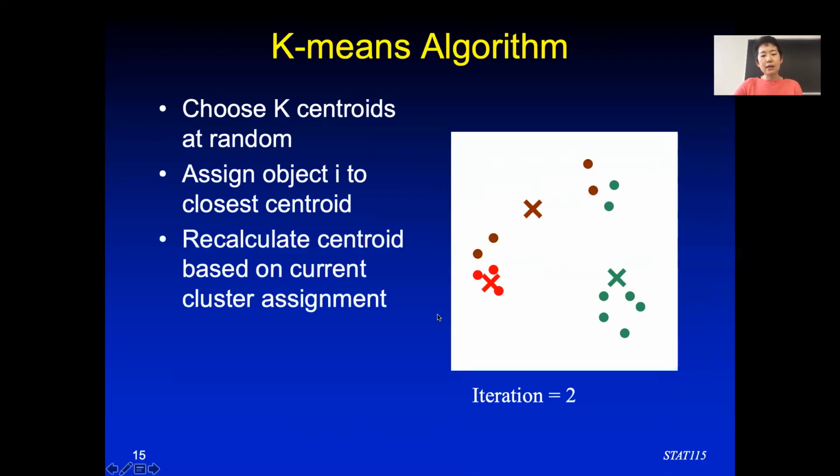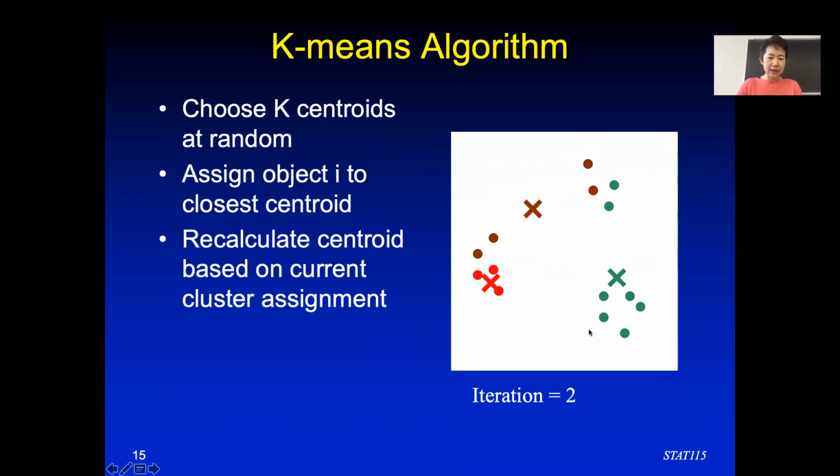Next, based on the assignment, you calculate a new cluster center. So for example, now this new cluster center is based on the average of these 4 points. And these 3 dots will create the new cluster center in here. And these 2 are kind of outliers, but you still use all the points that are assigned green to create a new cluster center.